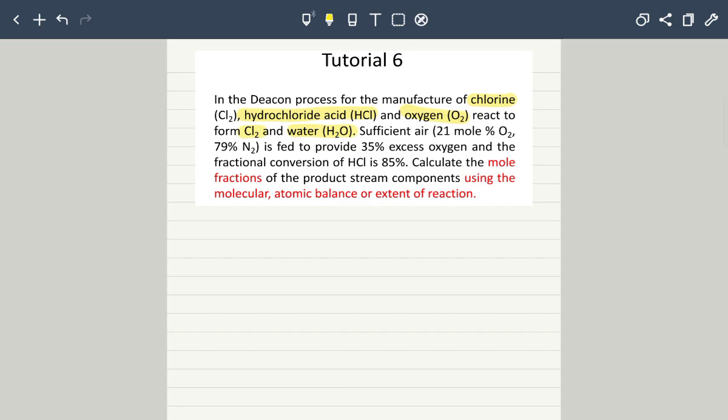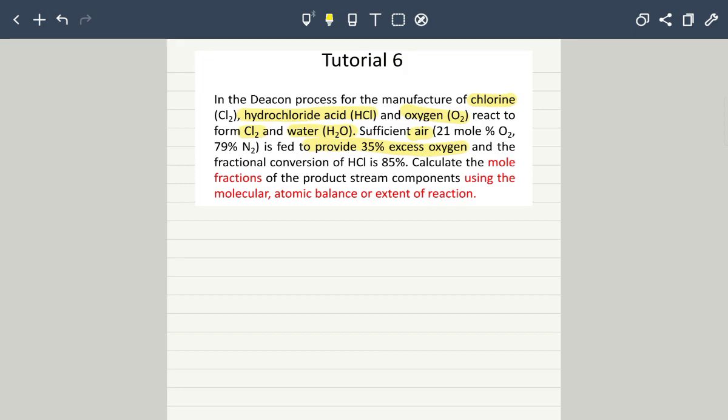Sufficient air means the composition of O2 and N2 in the air is given. It is fed to provide 35% excess of oxygen.